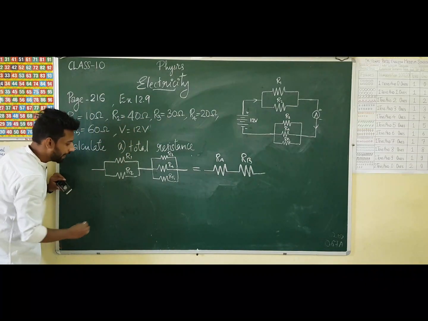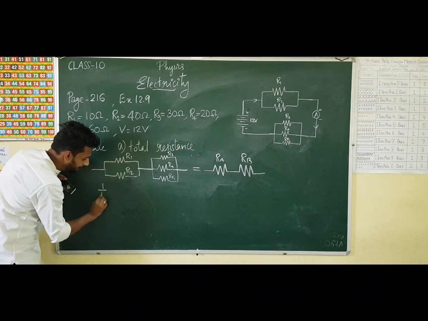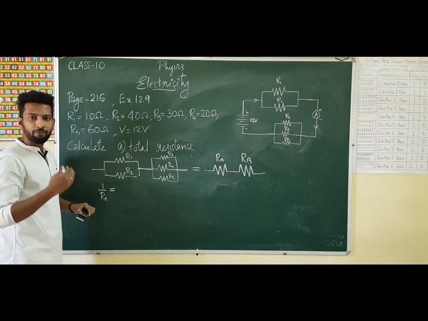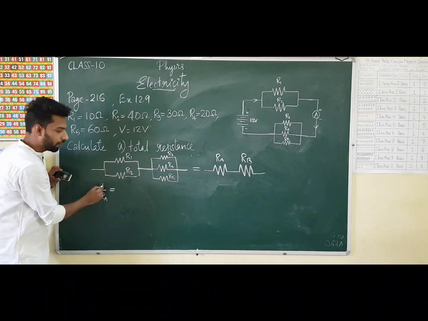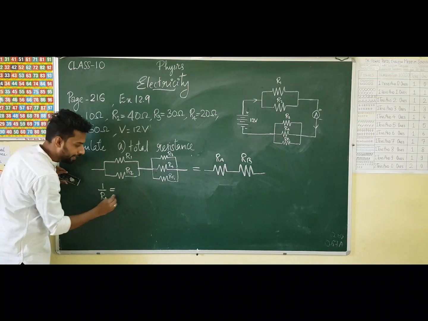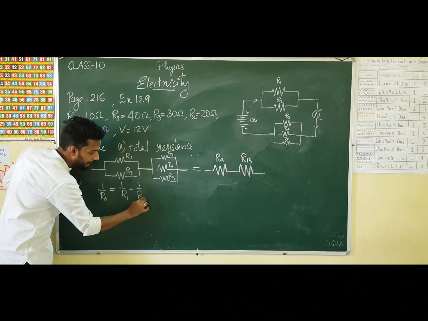What do you mean by Ra? Ra is the equivalent resistance of R1 and R2. What is the equation to find the parallel? That is 1 by R equals 1 by R1 plus 1 by R2. So here the total resistance is represented by Ra for R1 and R2: 1 by Ra equals 1 by R1 plus 1 by R2.